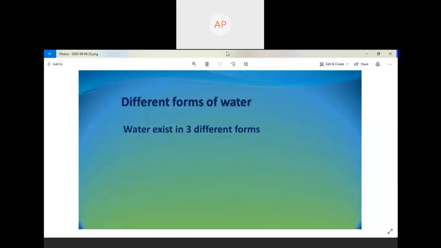So water exists in three different forms. Ma'am, liquid, solid, water vapor, ma'am. Very good, Maha.